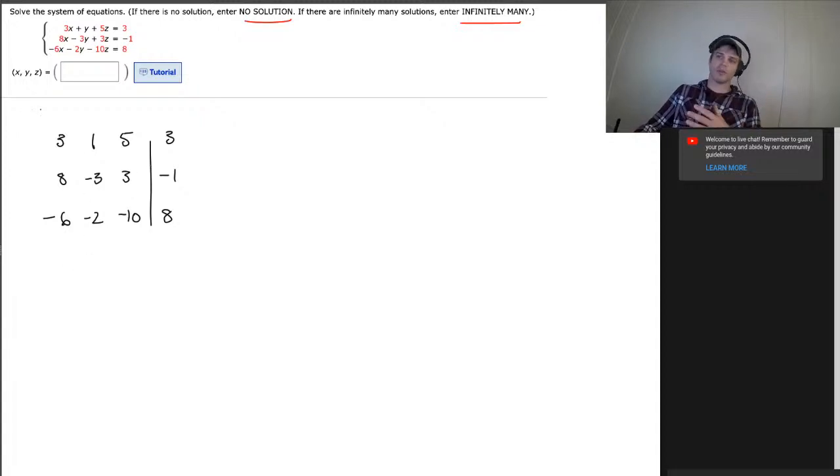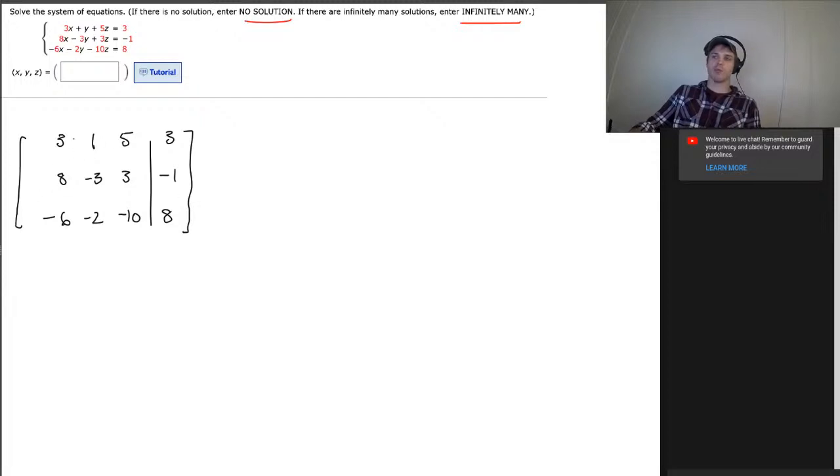With this, once you get this matrix, you can use Gaussian reduction, just doing your row operations. But something that I'm always looking for is if one row is a multiple of another row.